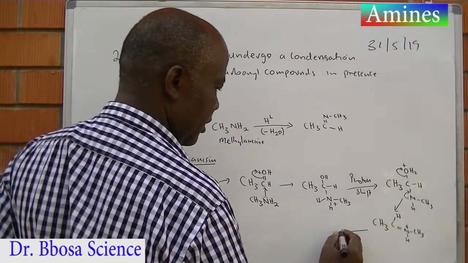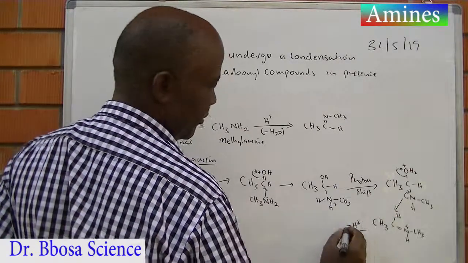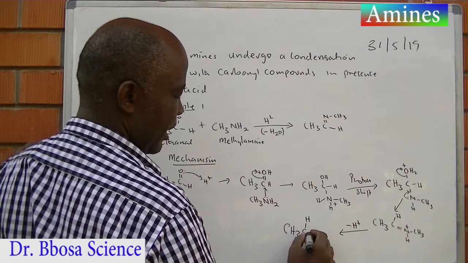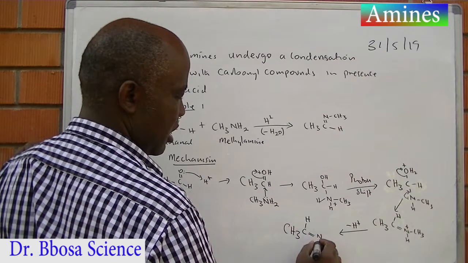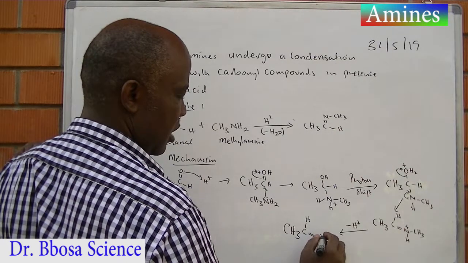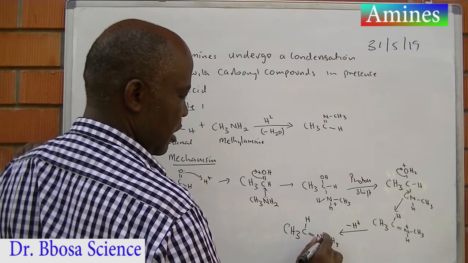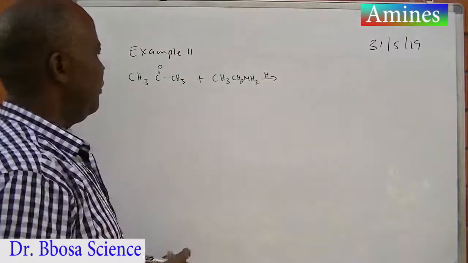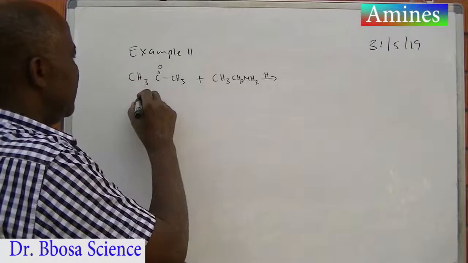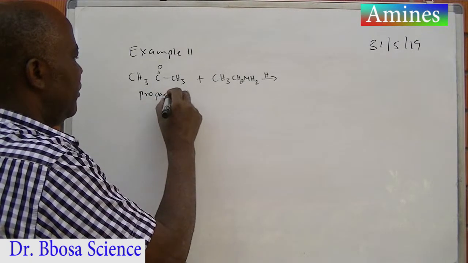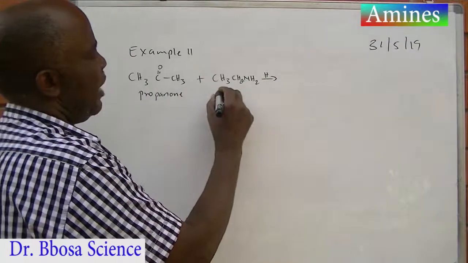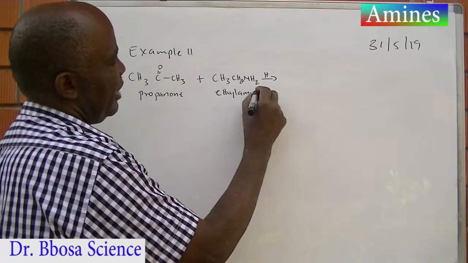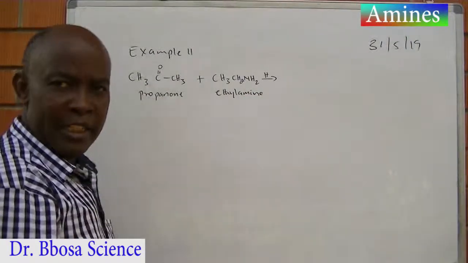Then you lose a proton to form an imine. Example 2. Propanone plus an amine in presence of an acid.